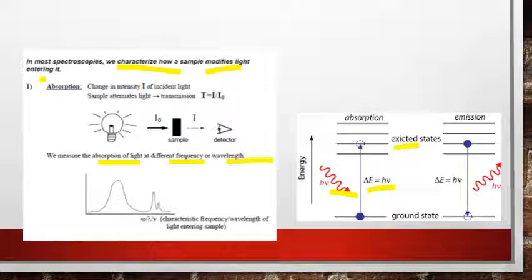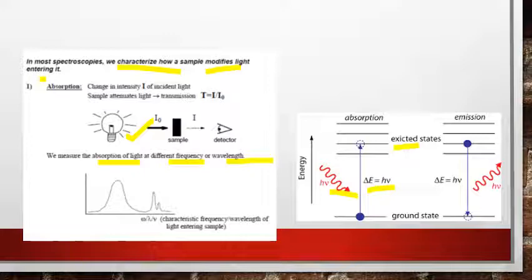So we directly pass the radiation, a particular frequency or a particular wavelength, to the sample. It is not that all wavelengths or all frequencies of the radiation are passed simultaneously. No. One by one, a particular wavelength is passed and its absorption is seen.